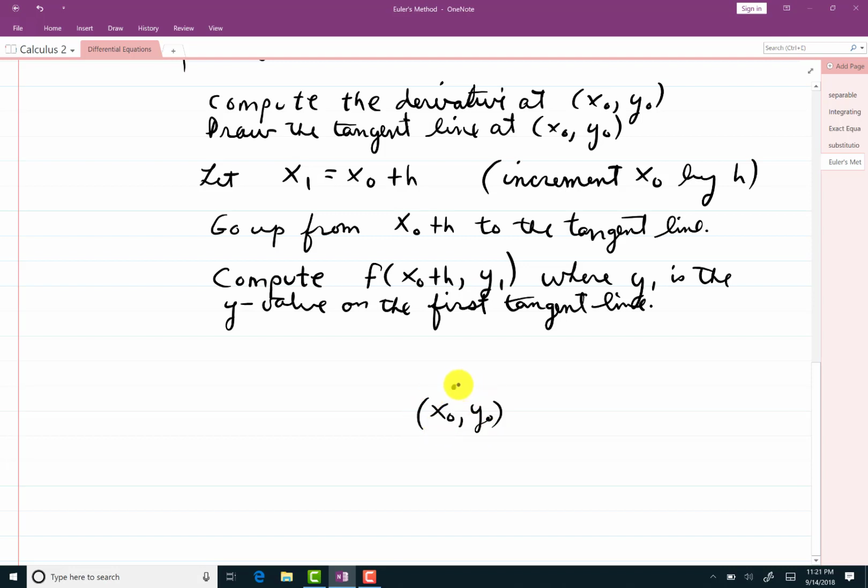Okay, now you're going to go over h units. Up from there, you're going to travel h times the slope, and that will give you your x1, y1.